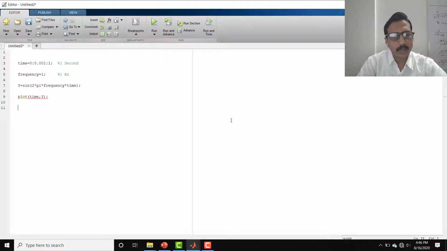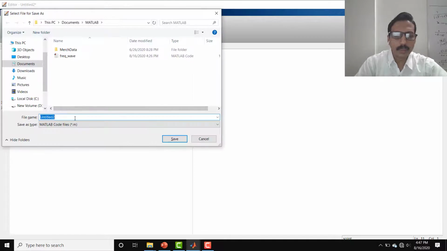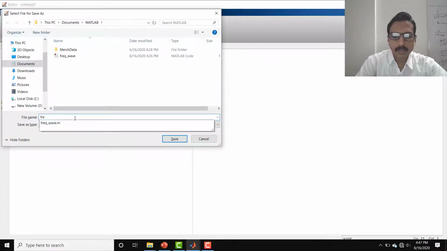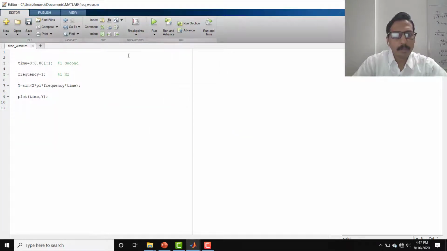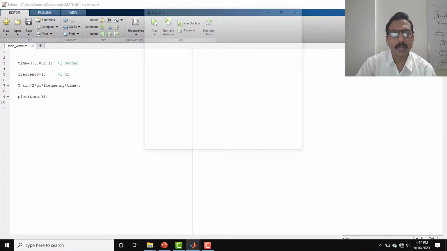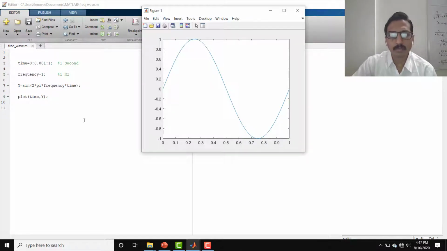This is also syntax of MATLAB. This is a simple script. If you save the script with the name frequency underscore wave dot m, which is for a MATLAB file, and run that file, you can see a very beautiful waveform of sine.